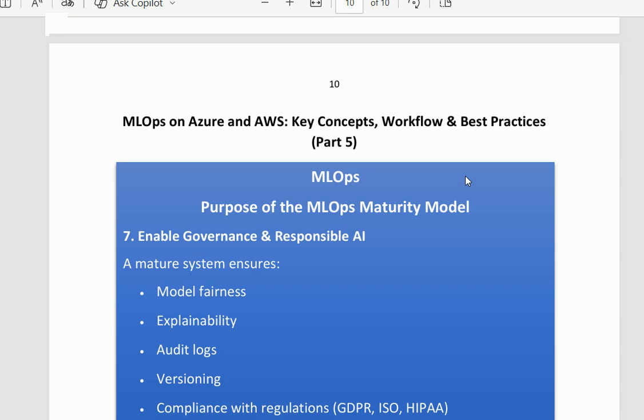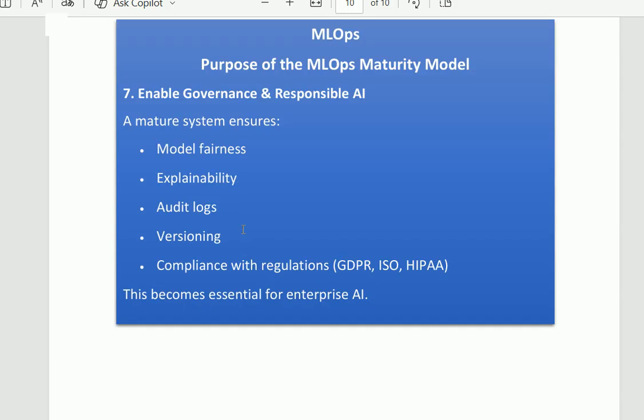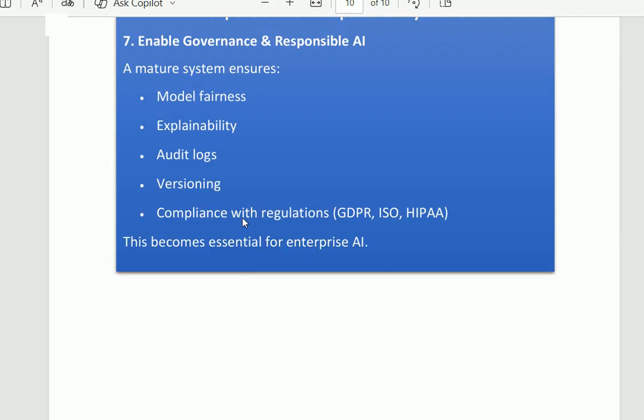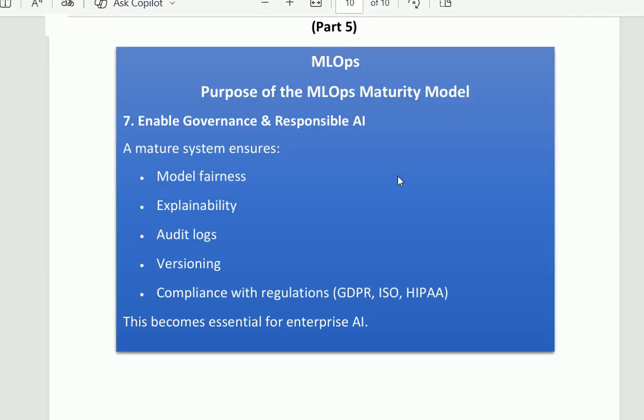So a mature system ensures model fairness, with no flaws in the model, explainability, audit logs, and compliance with regulations like GDPR, ISO, and HIPAA. HIPAA is the health insurance standard that we should follow in the development of our product. This becomes essential for enterprise AI. So these are the different things that we achieve through the maturity model.